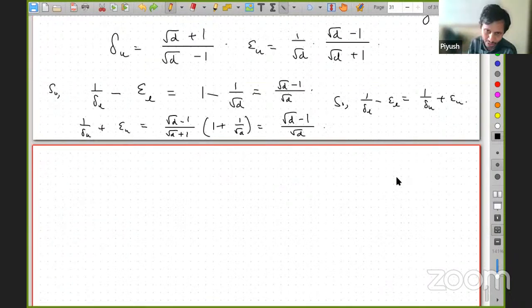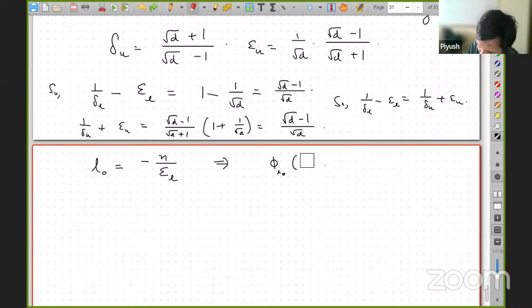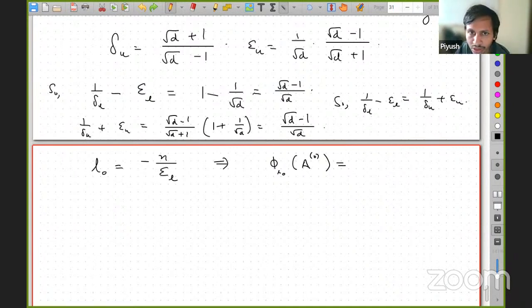And then we have to set L0 and U0 also. So L0 is set to minus n over epsilon L, which implies phi L0 of the 0 matrix A0 is what?